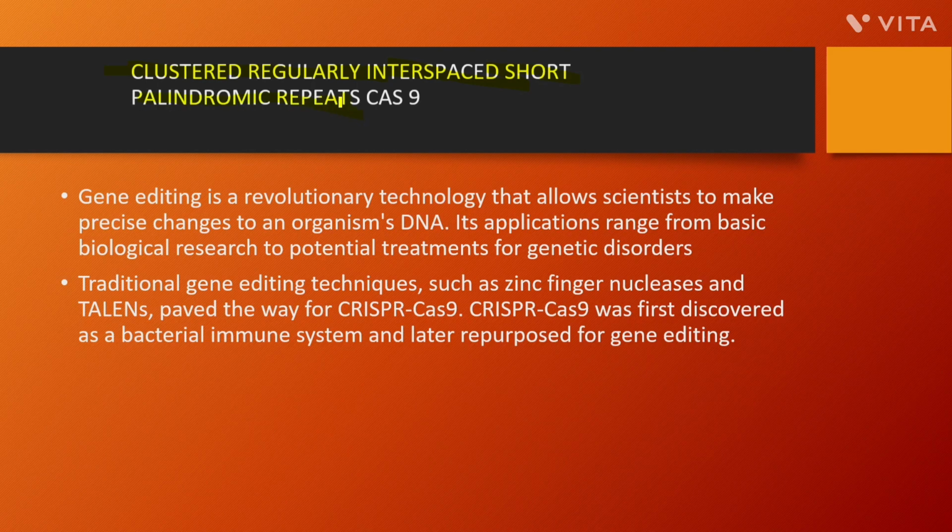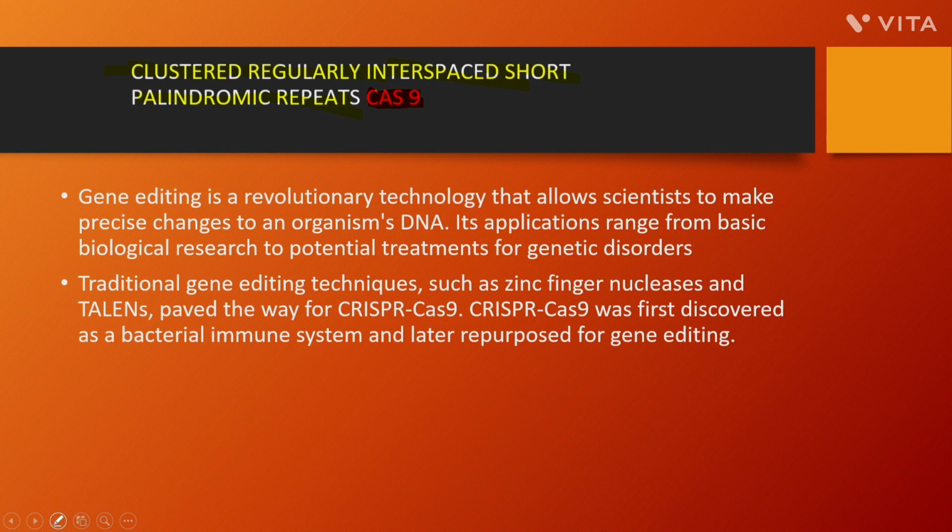And Cas9 is basically a protein which is seen associated with the CRISPR, and the expansion of Cas9 is CRISPR associated protein 9. From the name itself, we could interpret that CRISPR is a DNA sequence and Cas9 is a protein which is seen associated with the CRISPR.